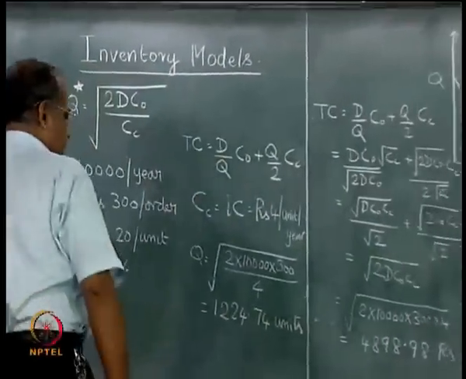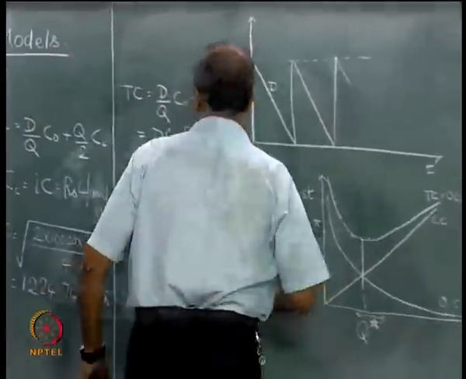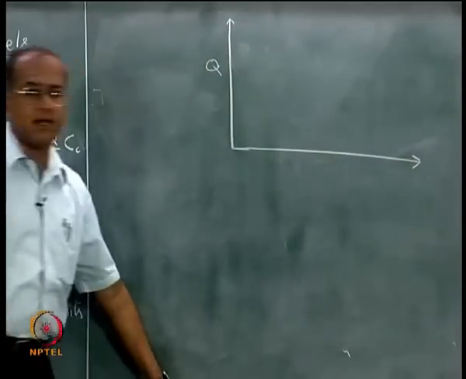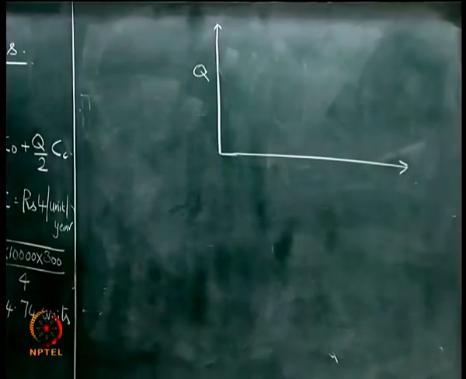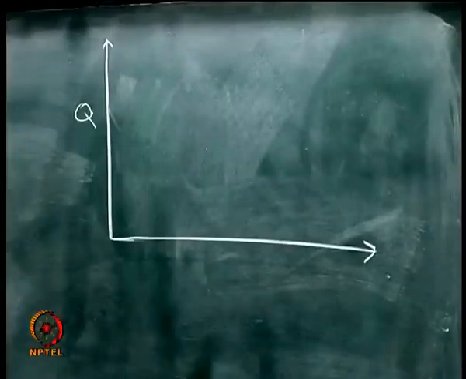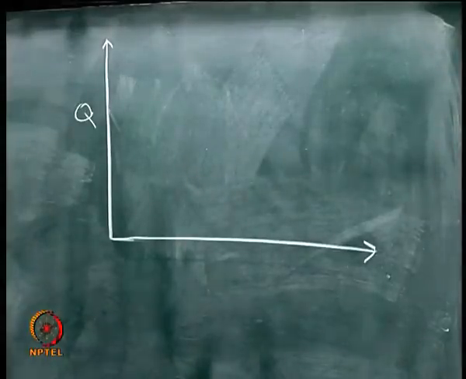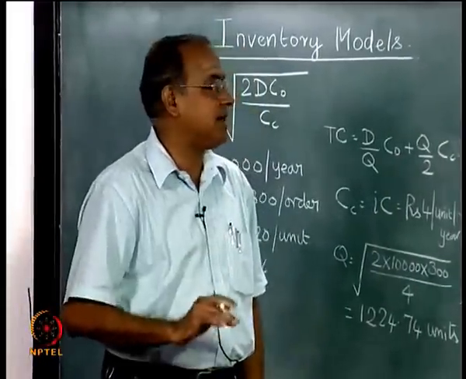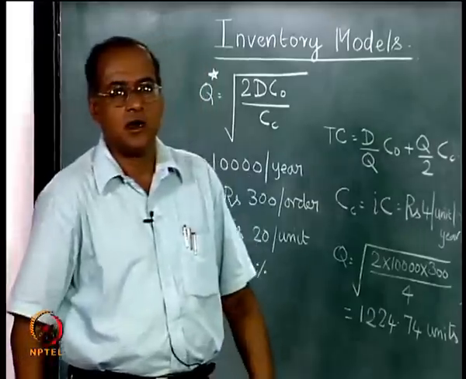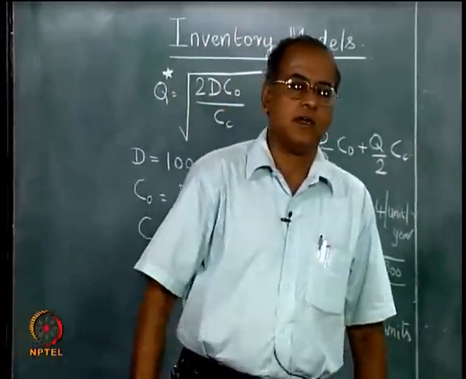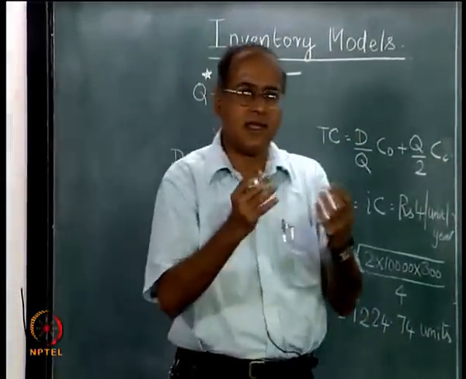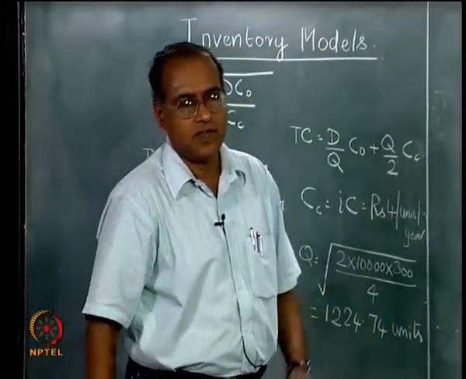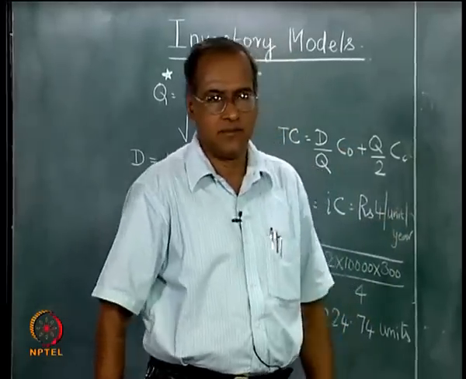Now let us move to the next model. The second model is very similar to the first model, except for relaxing one assumption. In the earlier model, we did not allow shortages or back ordering. Now we are trying to see, at least to begin with mathematically, what happens when we allow back ordering.